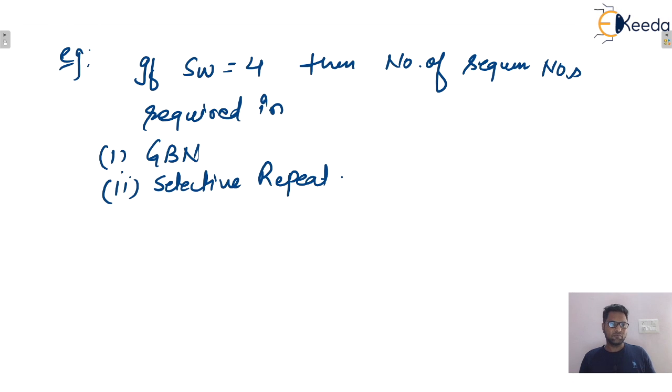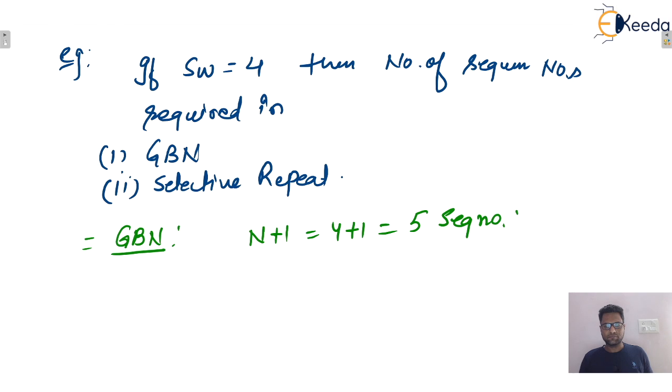In GBN, it is n plus 1, so 4 plus 1, at least 5 sequence numbers are required.